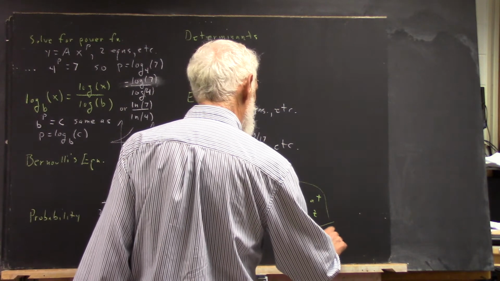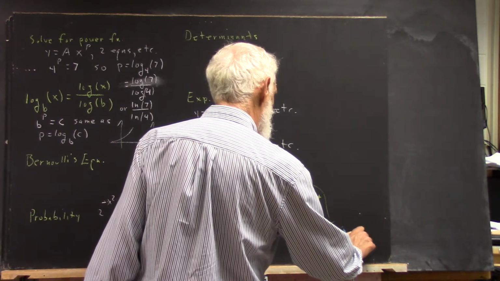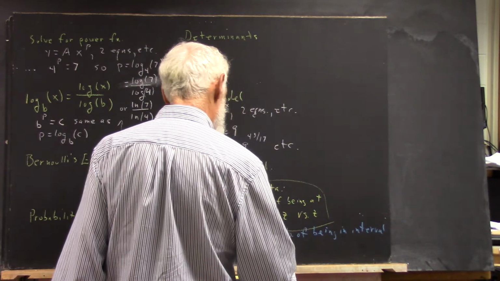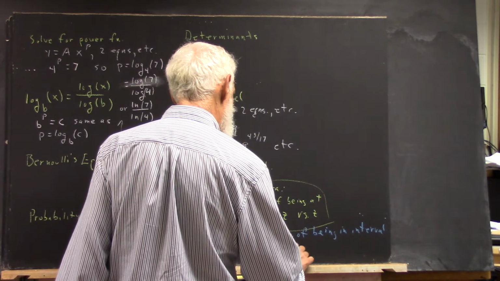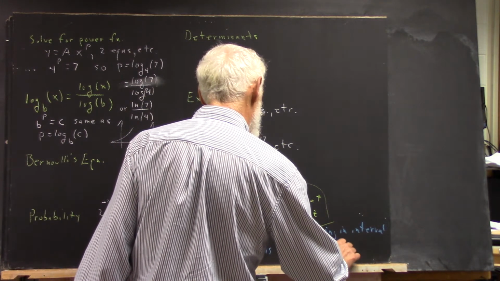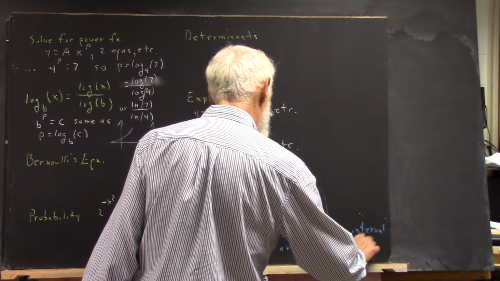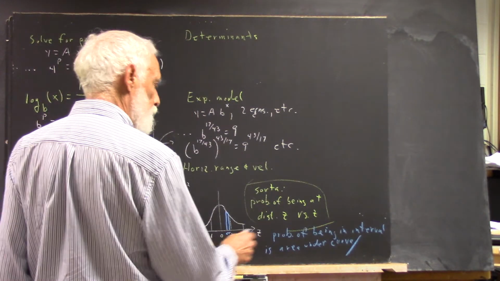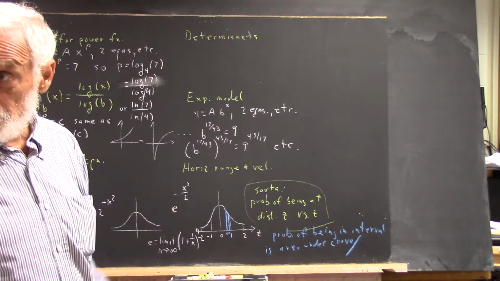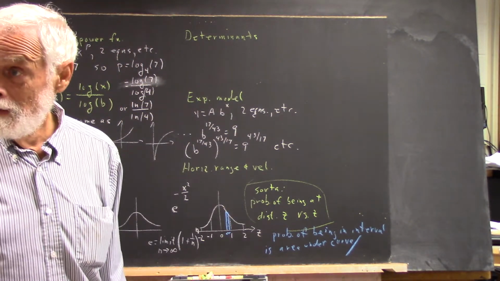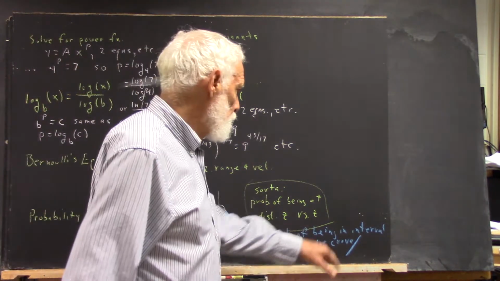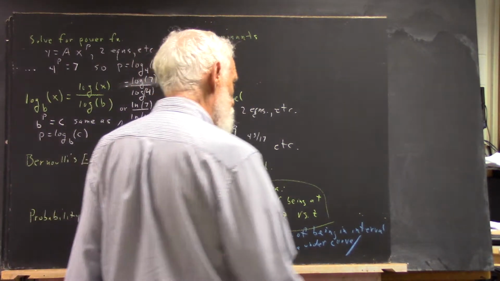Your probability of being in the interval is the area under the curve for that interval. I don't have room to write all that out, but I'll write it out more specifically when I assign a problem, okay? So the area under the curve for the interval over the total area.